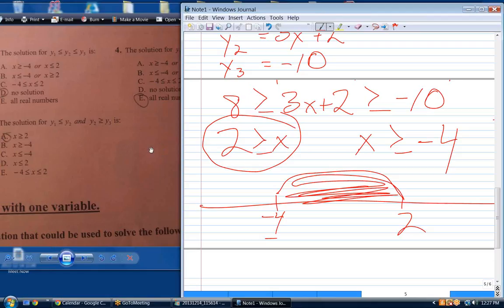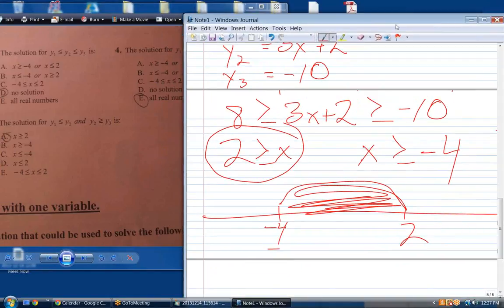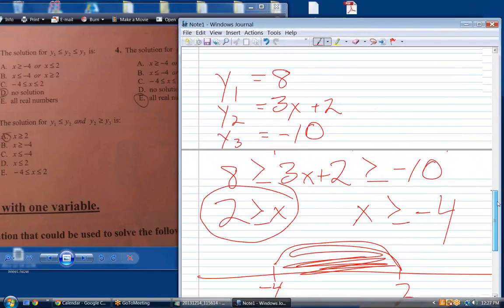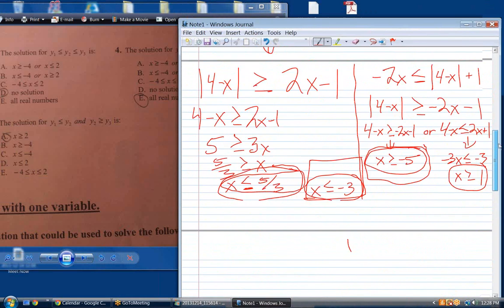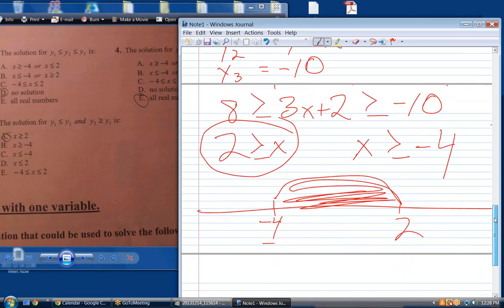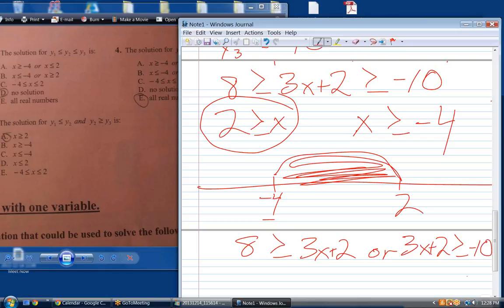Still don't see how that is all real numbers. I don't want to belabor this any more than we are, but so we've got 8 is greater than or equal to 3x plus 2, or 3x plus 2 is greater than or equal to minus 10.